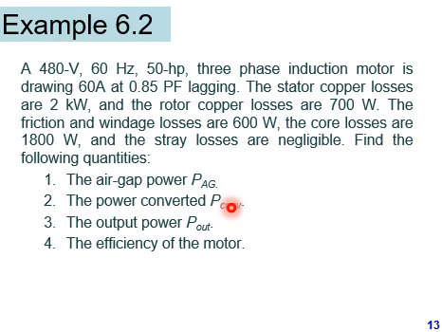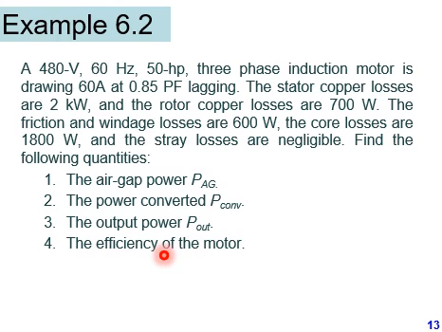Then P converted, which would be PAG minus one power loss. After finding P converted, we want to find P out, which would be P converted minus two other power losses, which are the mechanical power losses. At the end, we want to know the efficiency of the motor, represented with eta, which would be P out over P in.